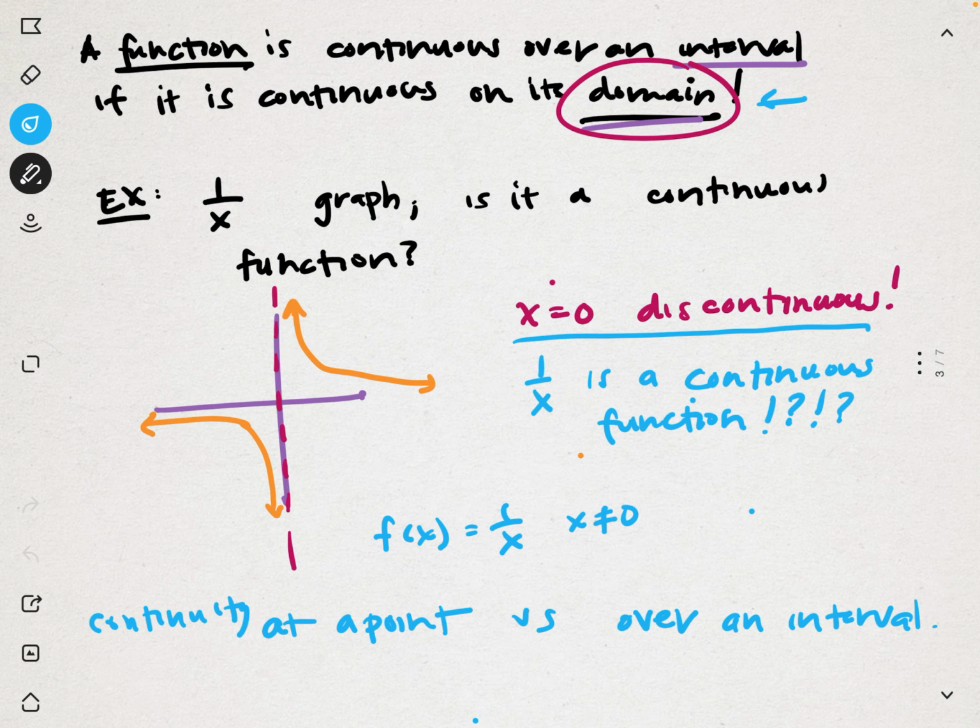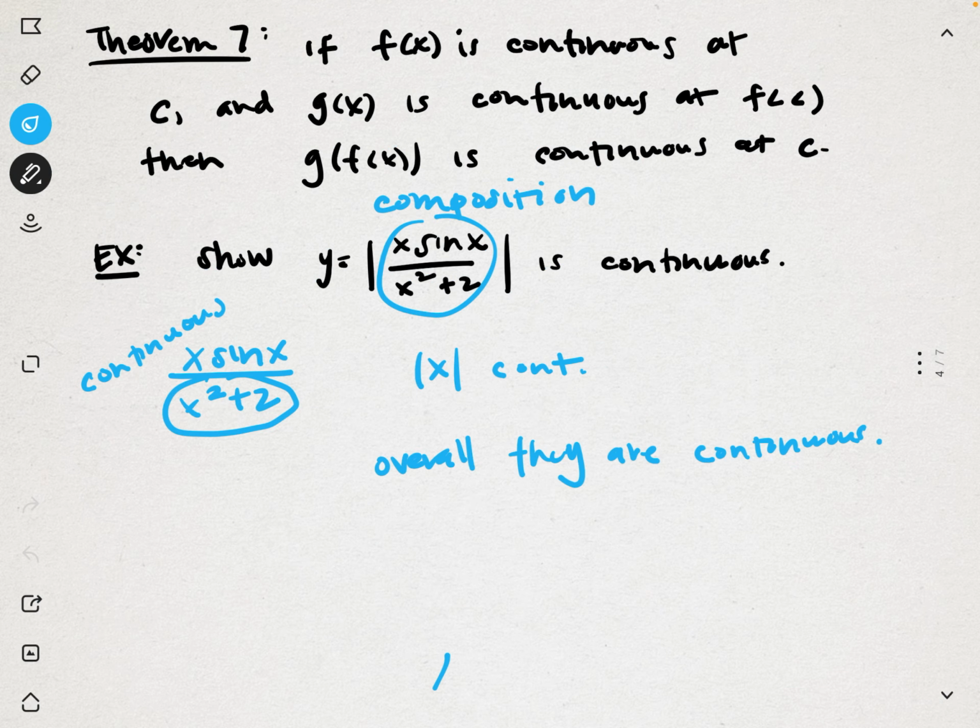Then we said the weird thing about continuity over an interval is that a function could be discontinuous at some point that is not in its domain, but still be continuous over the interval, and we showed it with the function 1 over x. Then we talked about compositions and continuity. If each part of a composition is continuous, then overall our function is continuous.